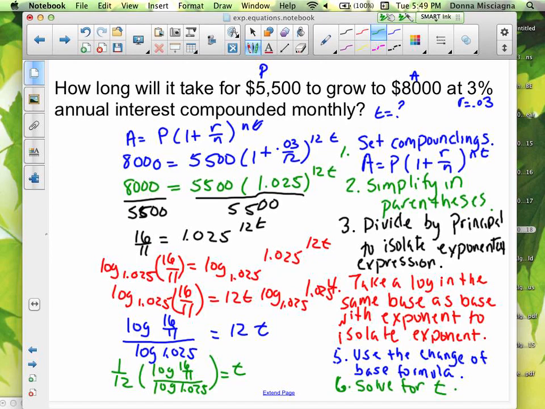Let's try that one more time. So log of 16/11 divided by log, maybe I hit natural log on one of them, of 1.025, divided by 12.